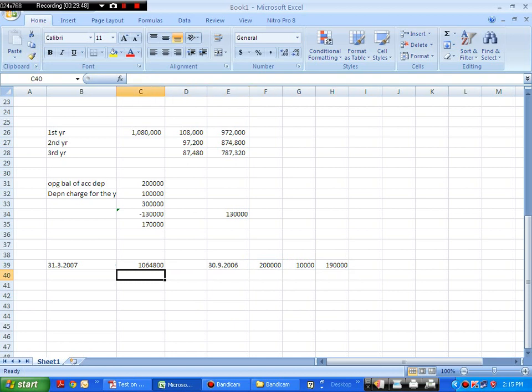And since we are required to find out the cost of the old machines, let us remove the WDV of the new machine from the total WDV as at 31st March 2007. Okay, so now we have this number, which is the WDV of the old machines as at 31st March 2007. Now we have to work backwards. We have to find out what is the value of the machine on 31st March 2006.